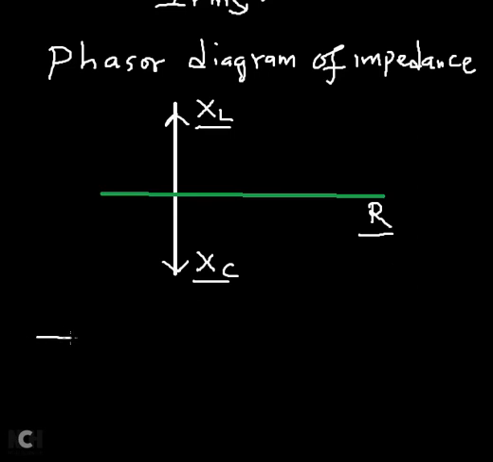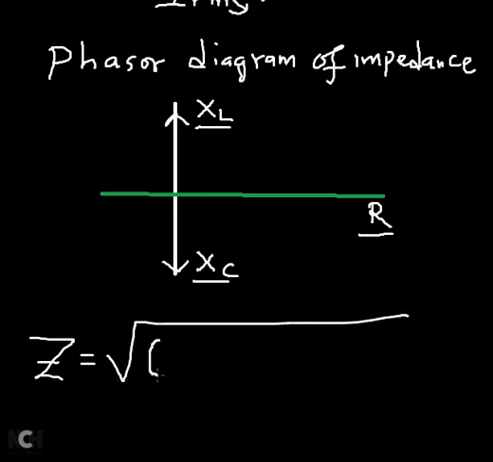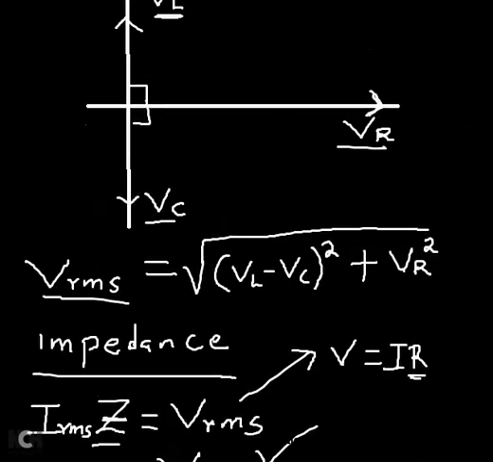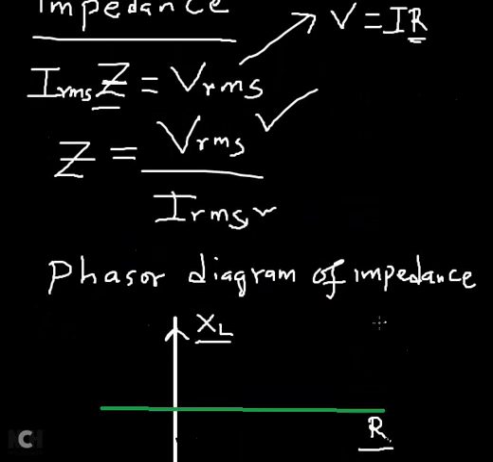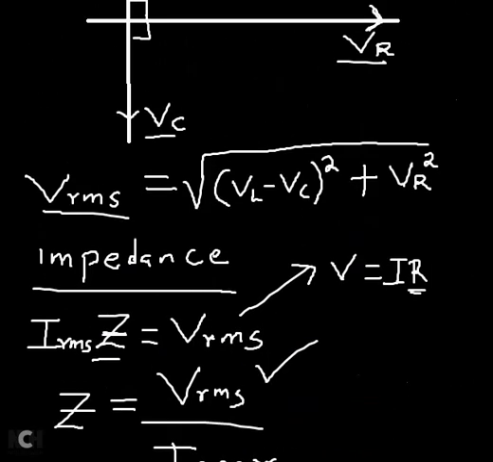So the total opposition, which of course is the impedance, is going to be equal to the vector sum of this, which of course gives us the square root of XL minus XC, the reactance, all squared, plus the resistance squared. So I will implore you to go through this formula, and I'm very sure that by the time I apply them, it will make more sense.